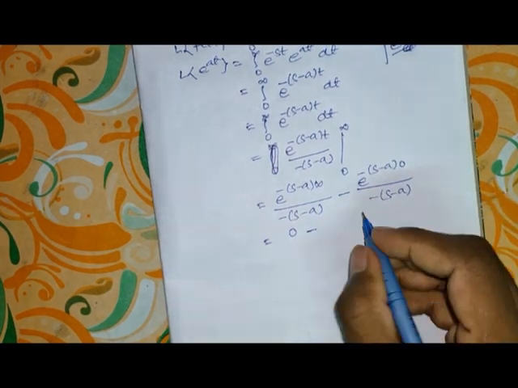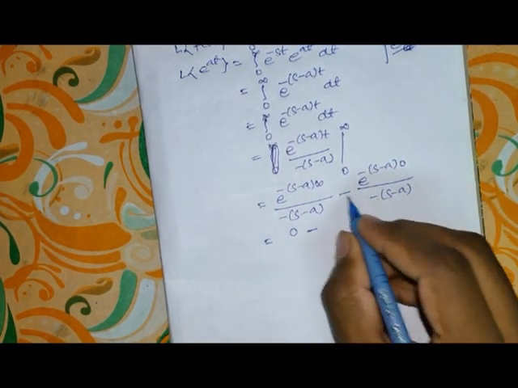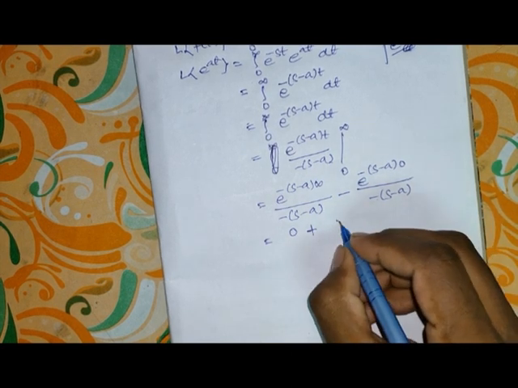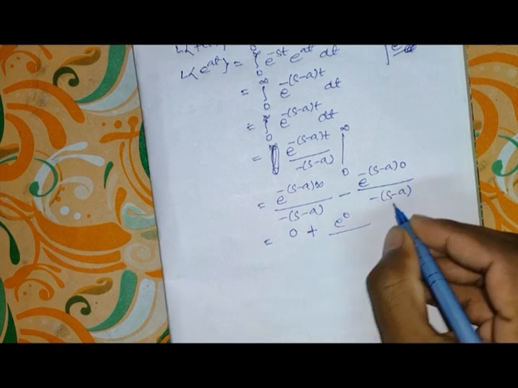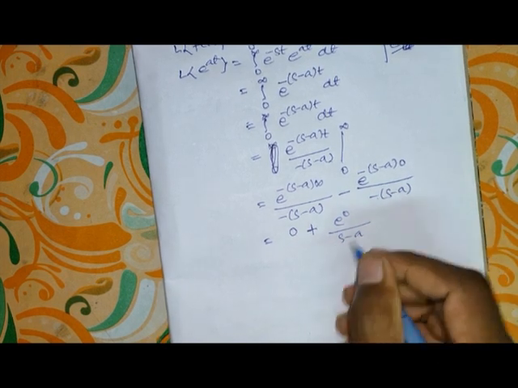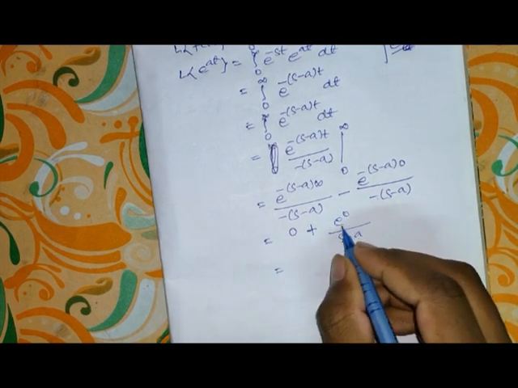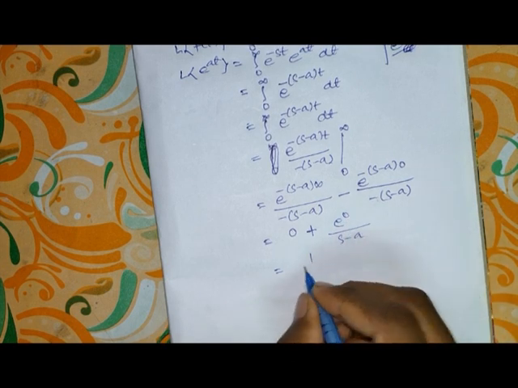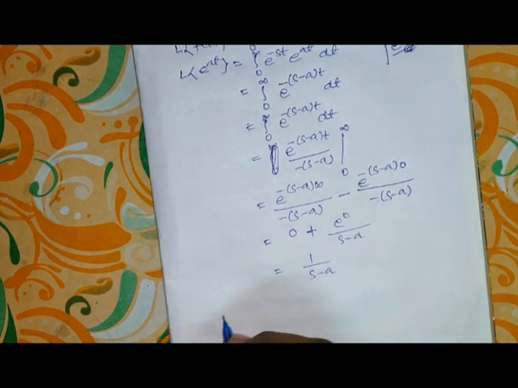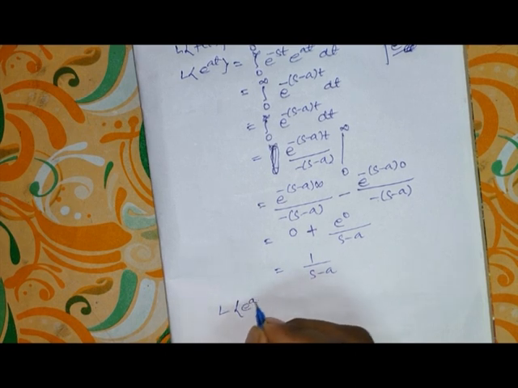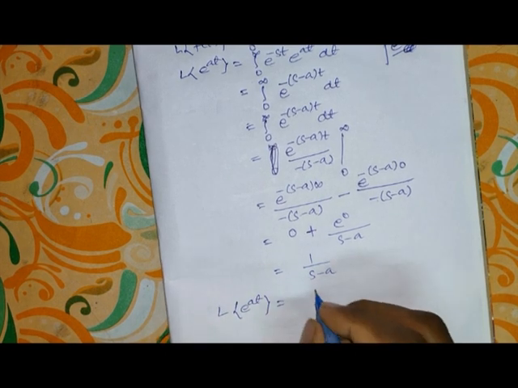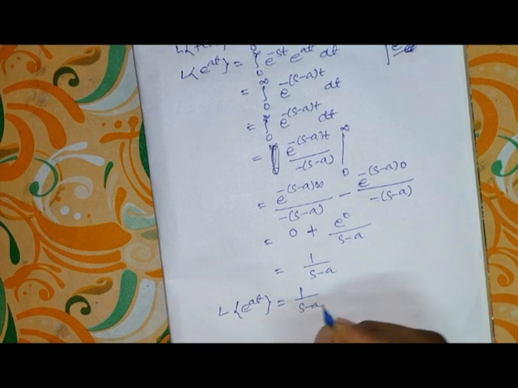Minus minus plus e^0 into something, 0 by (s-a). So guys, e^0 means 1 by (s-a). So Laplace of e^(at) equal to 1 by (s-a).